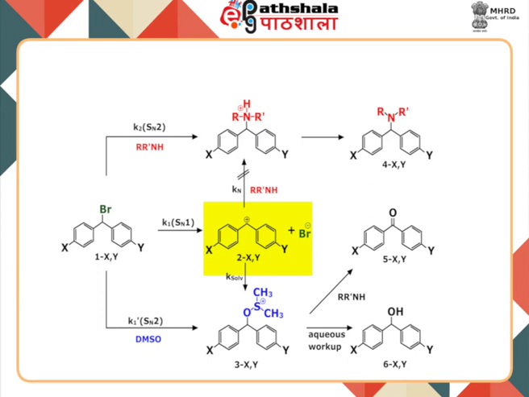That solvated intermediate then reacts with amine to form benzophenones, not the amine derivative. Whereas the aqueous workup of the intermediate gives the alcohol via the SN1 pathway.